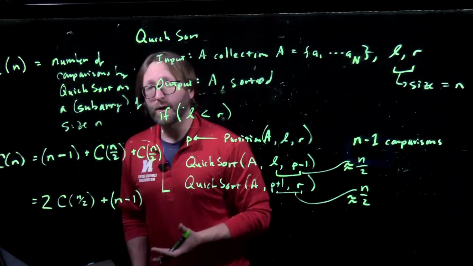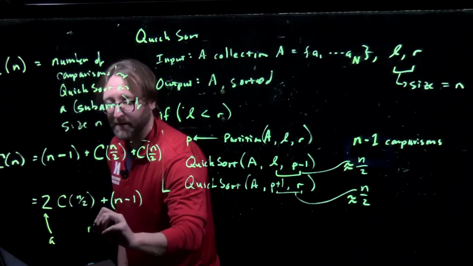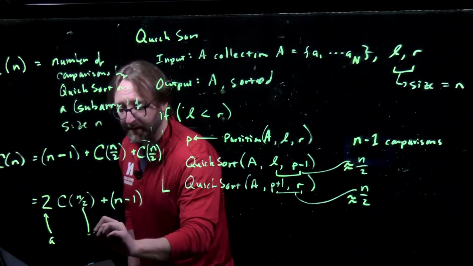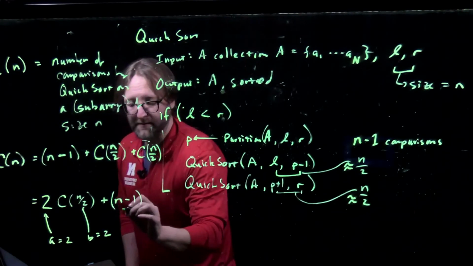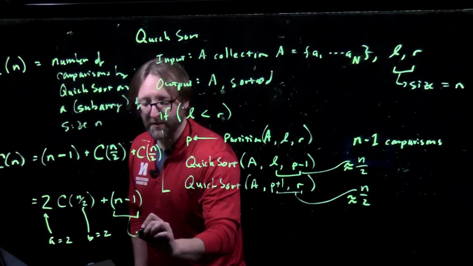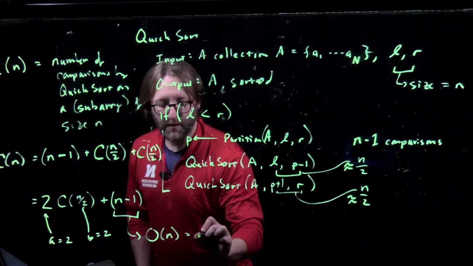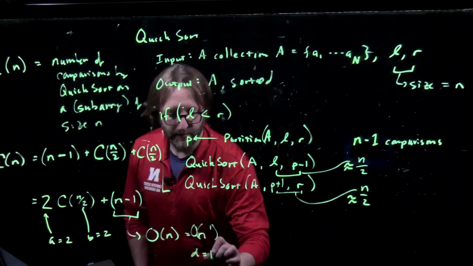So I'm going to apply the Master Theorem here, and when I do that, this is A. The factor by which you're decreasing the size of your input is B. And to characterize this function right here, this is order n. In other words, it's order n to the first. And so D is 1.